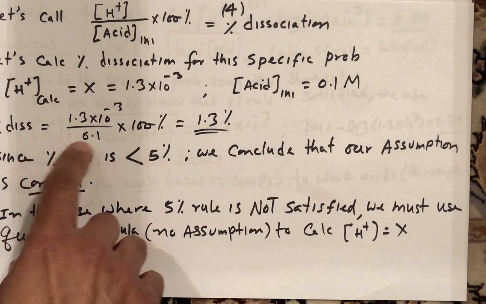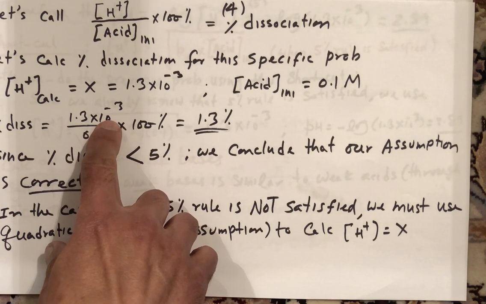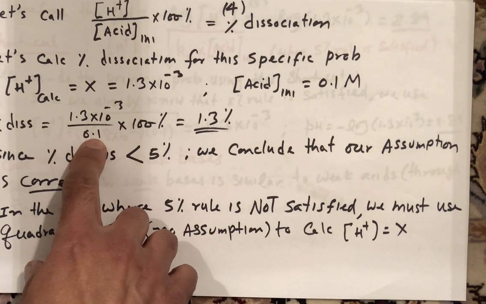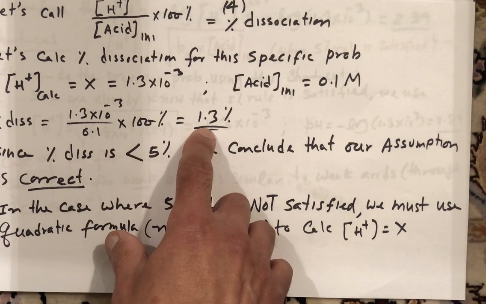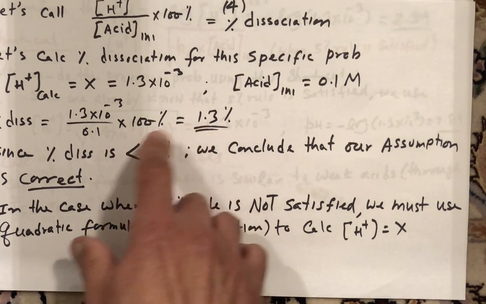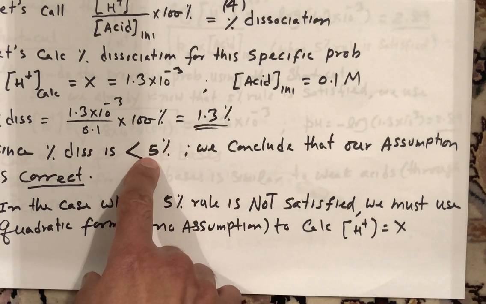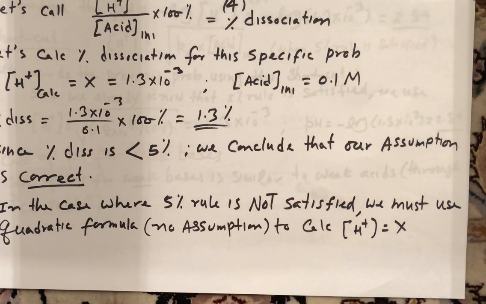So the percent dissociation becomes the H plus that we calculated divided by the initial concentration 0.1 times 100%, and that gives us 1.3%. And since 1.3% is less than 5%, we conclude our assumption is correct.